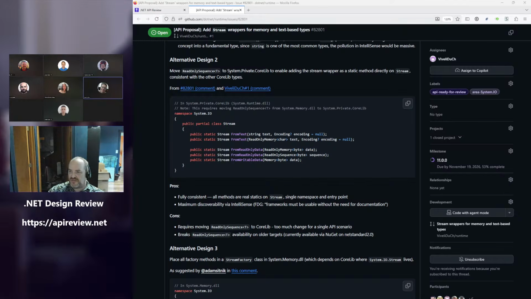Because if we have one case now where we want to use this type as an exchange type, read-only sequence, then maybe in the future we'll have more cases where we want to use this type as an exchange type with other core types. Yeah, I think in the preview API review this was briefly discussed, and it was mentioned that it was just because there was never any, as you said.